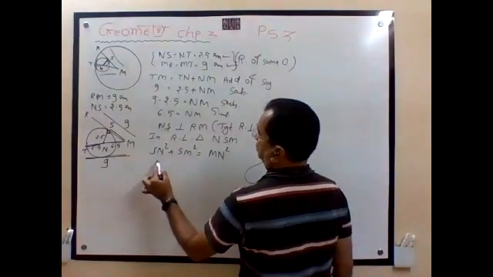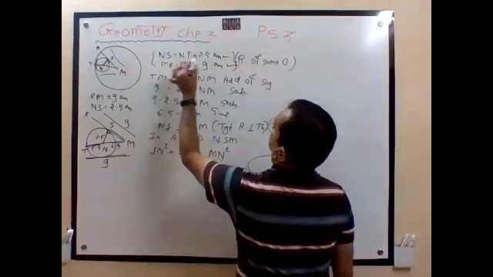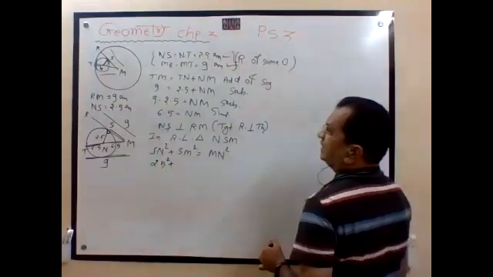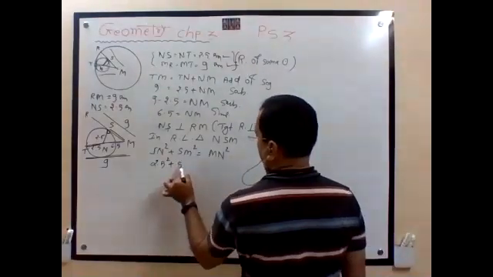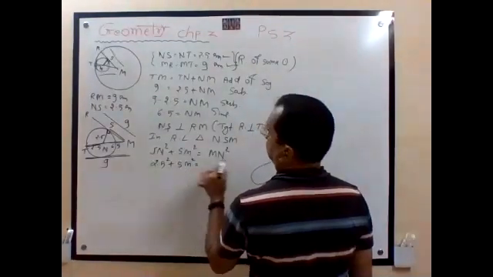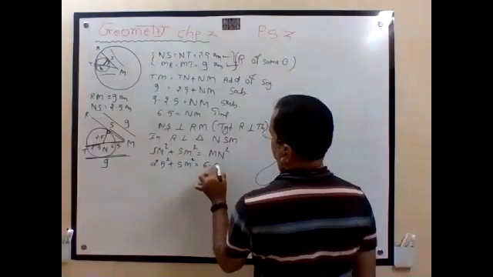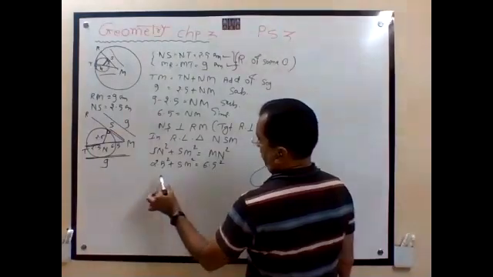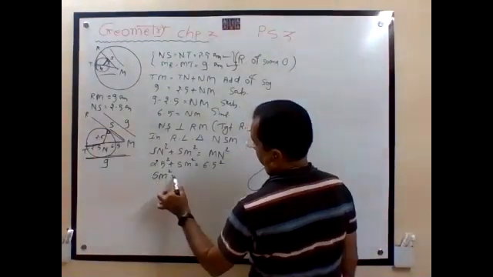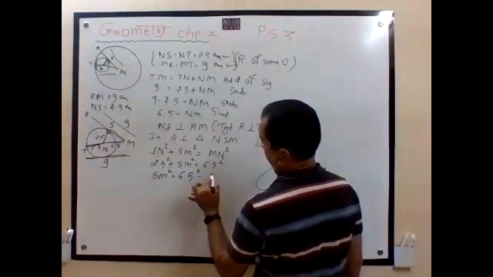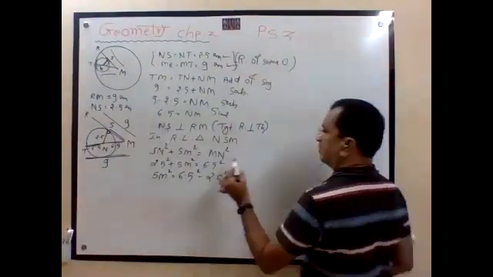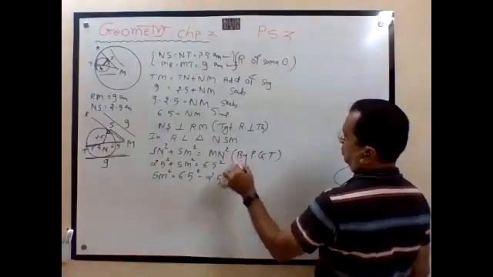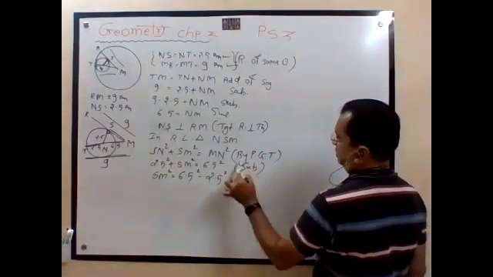SN, that is the radius, we don't know. This we got, 6.5 square. This gets this side. By Pythagoras theorem, by substituting.